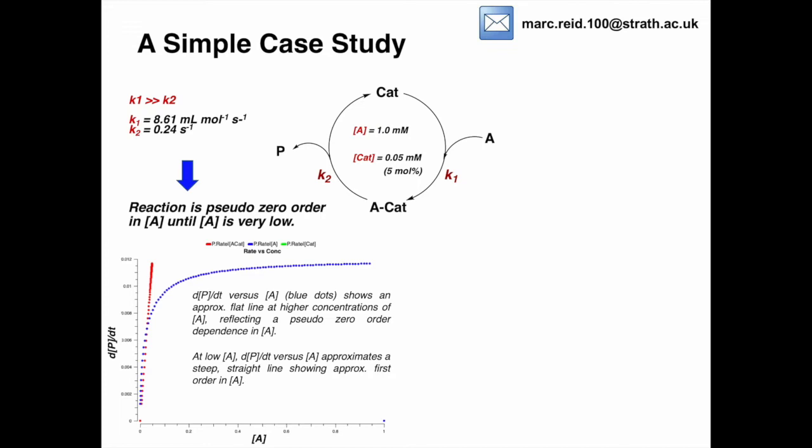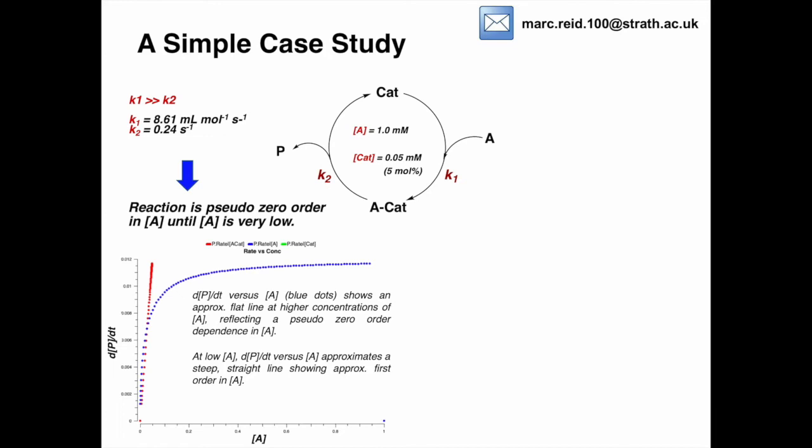Let's consider the case on the left where the reaction starts out with step 2 in the catalytic cycle being turnover limiting. The rate of formation of product versus the concentration of A, the blue dots, show an approximate flat line at higher concentrations of A, reflecting a pseudo-zero order dependence in A.